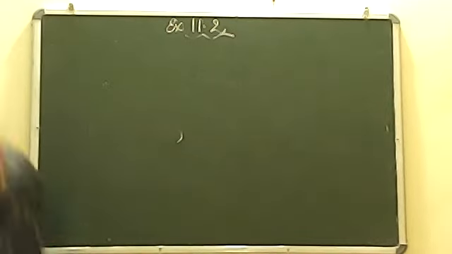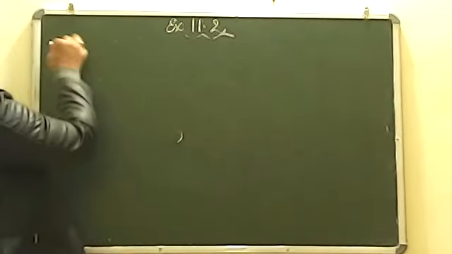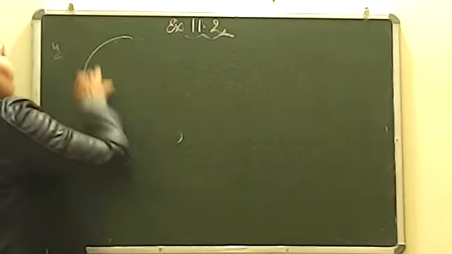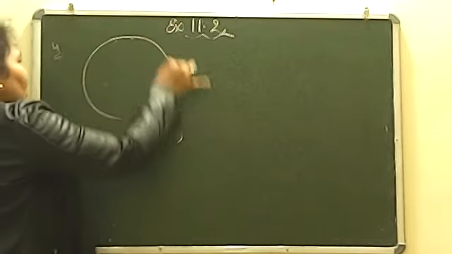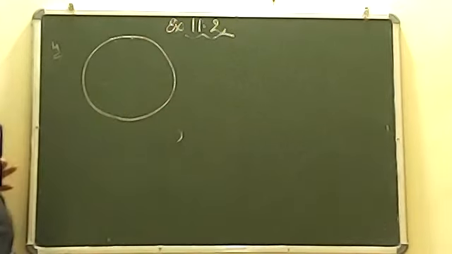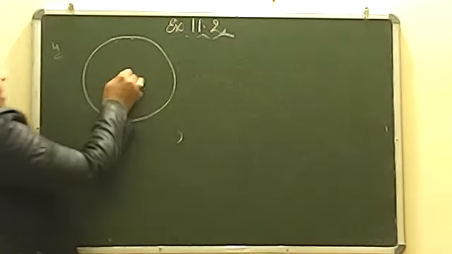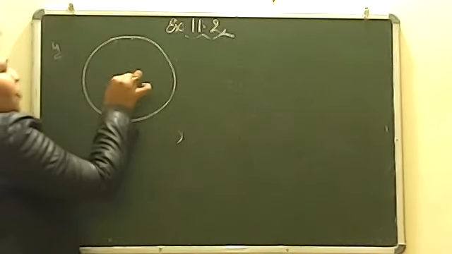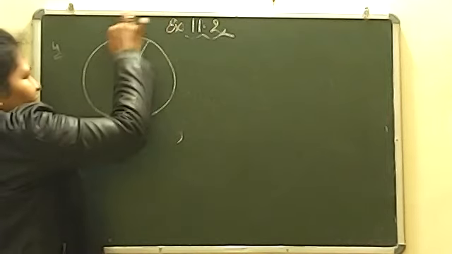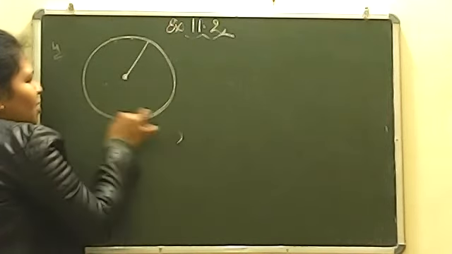You are knowing circle means, if you talk about a circle, maybe it will not be so perfect, but I've tried to make a circle. Okay, so this is suppose center. So if you talk about radius, you are knowing that this is the circumference part.